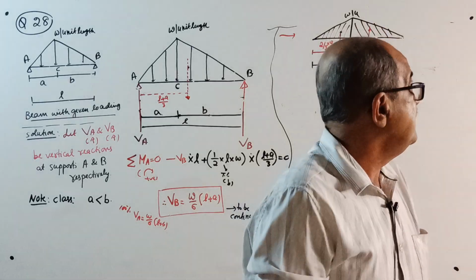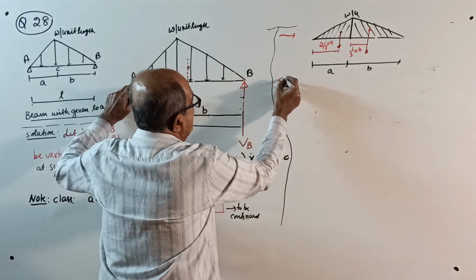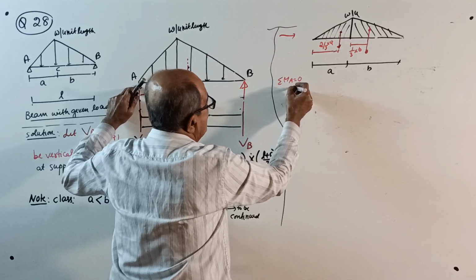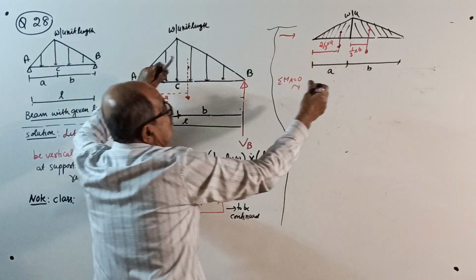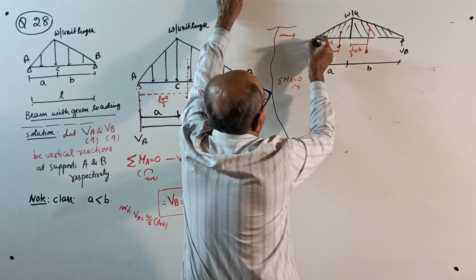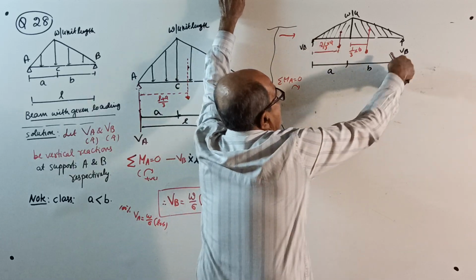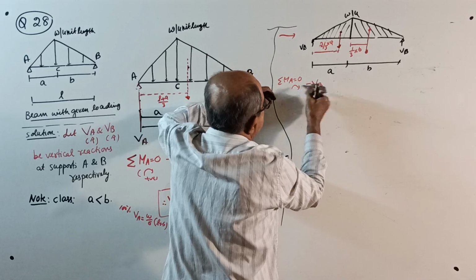Now, take moment about A. Sigma M about A equal to 0, clockwise positive. Here, minus VB, VB is there. Minus VB into L. See now what happens.